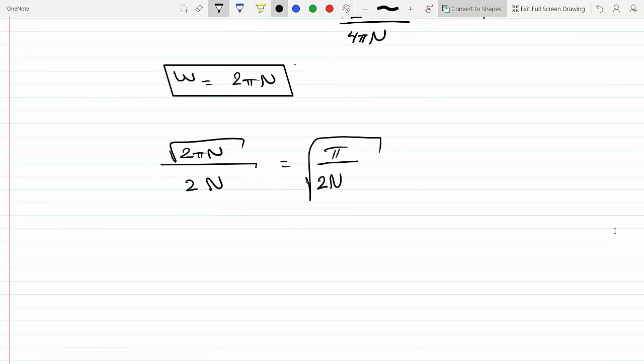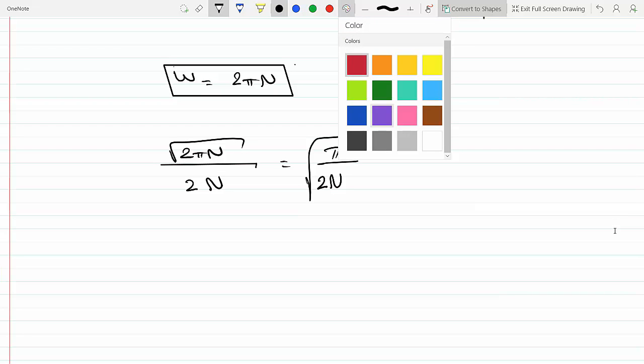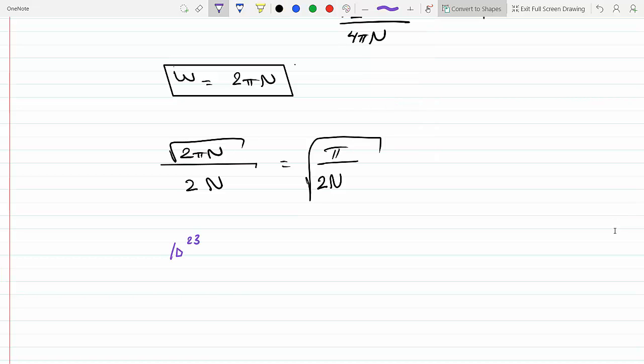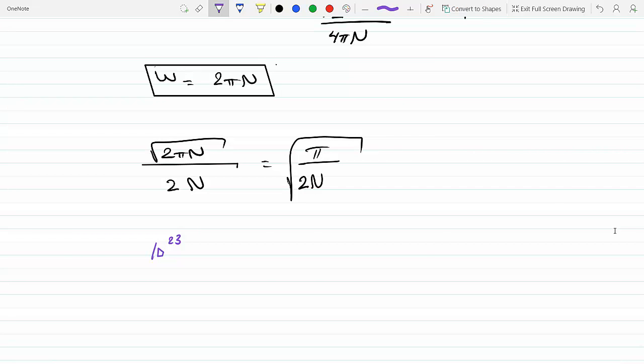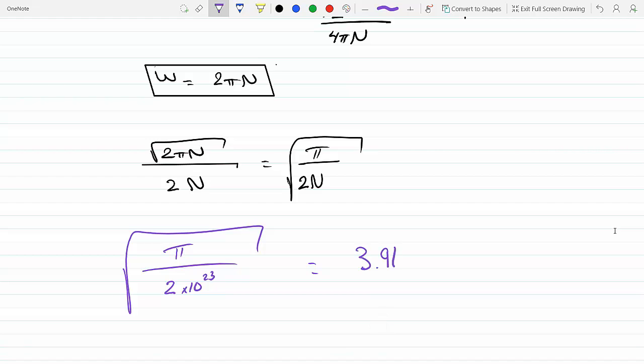So if we plug in 10 to the 23 here, let's see what we get. Pi divided by 2 times 10 to the 23, and if you plug this in, you get 3.96 times 10 to the minus 12.